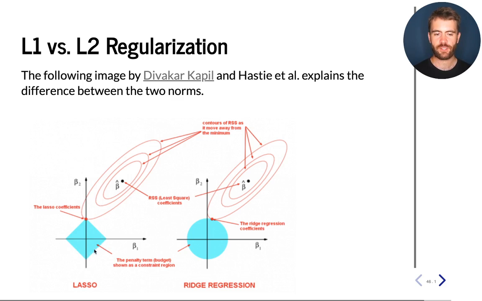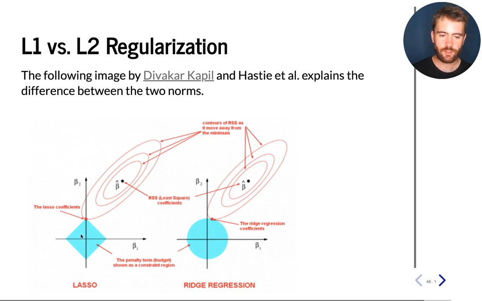And you can convince yourself that the points inside this diamond all have an L1 norm that is less than some number that corresponds to the length of this segment.